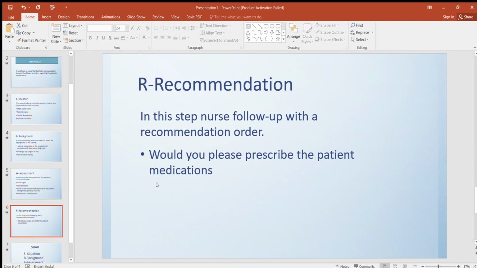So you can mention other drugs here and take permission from the doctor, so he can write the prescription according to the patient's health status. Like if these medications are not working, then you have to write in this recommendation area and suggest to the doctor. But you have to act only if the prescription is there.